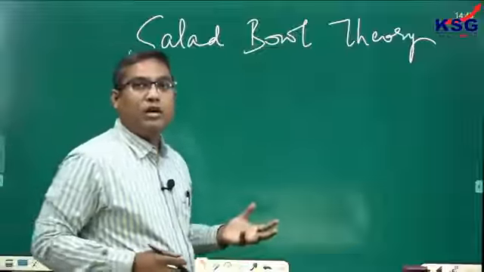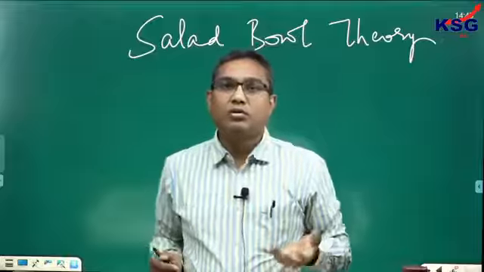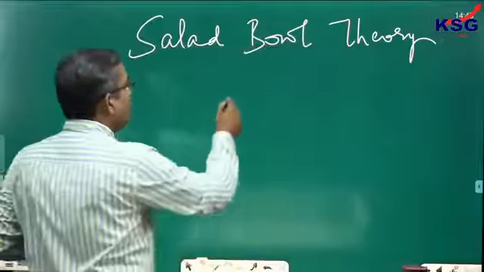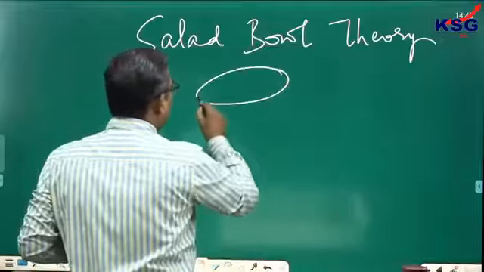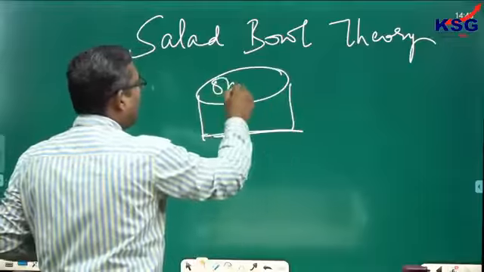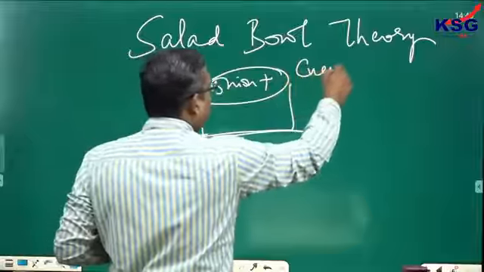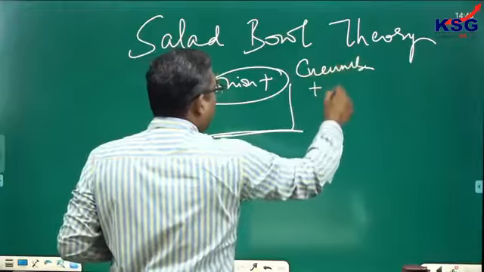What is a salad bowl? If we simply understand it verbatim, what will be in a salad bowl? Let us say this is your one salad bowl. There is onion in it, cucumber, and tomatoes.